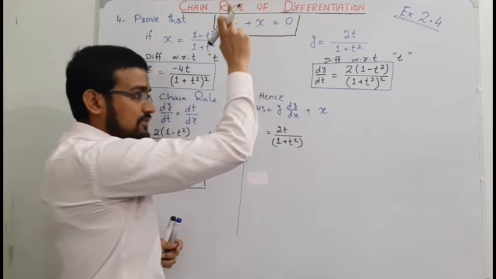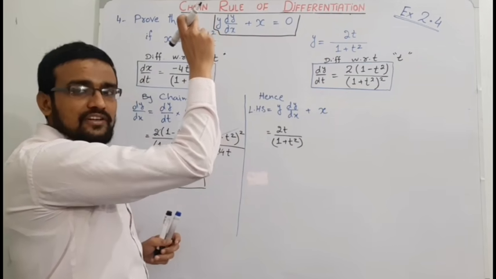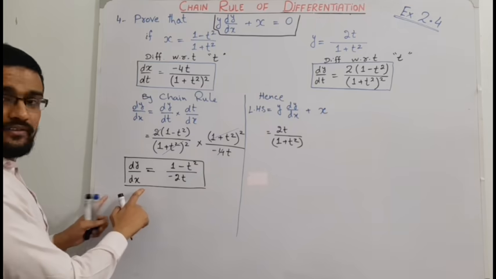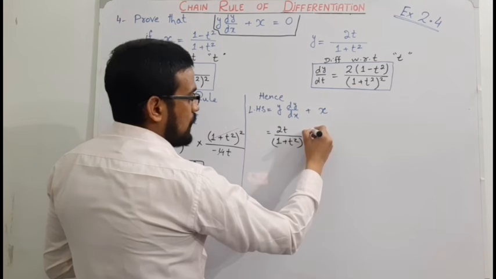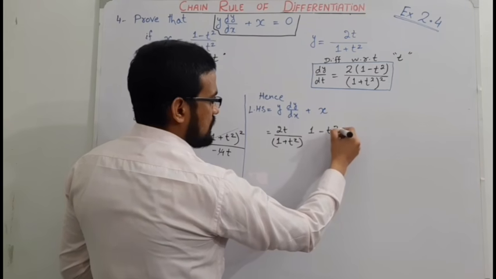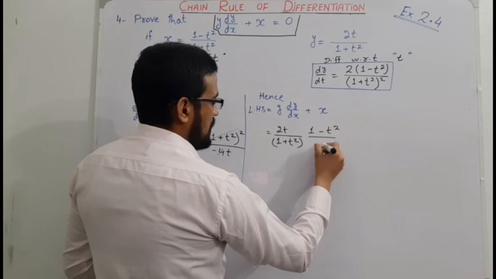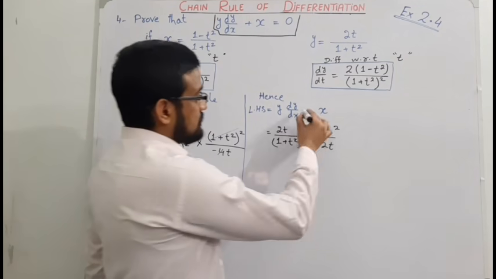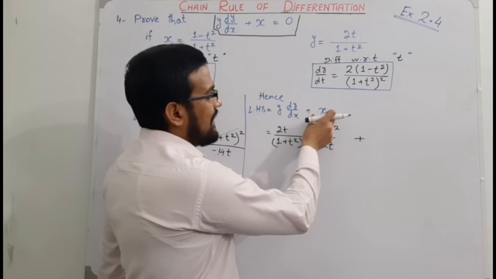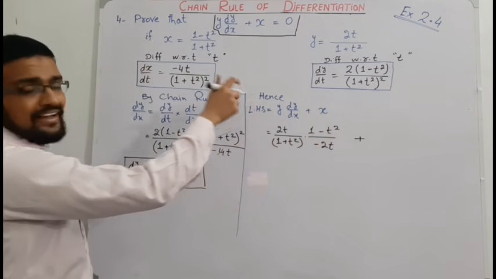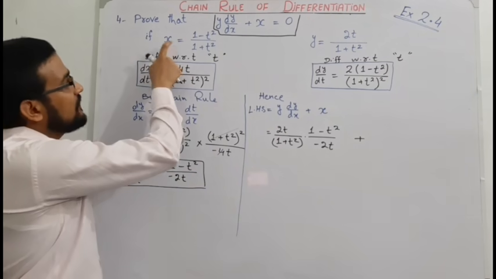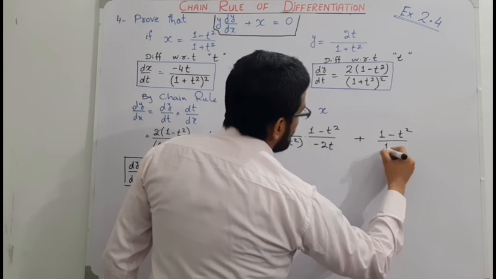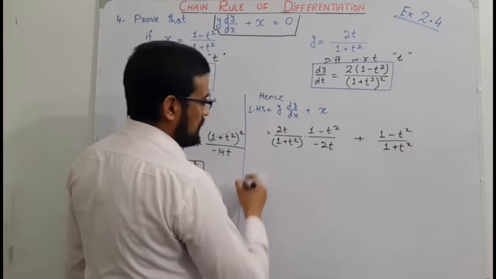Simple. First, the value of y which is given in the question. Then multiply with dy over dx, this one, 1 minus t square over minus 2t. Okay. Plus x, and x means the value of x which is given in the question, this one, 1 minus t square over 1 plus t square.